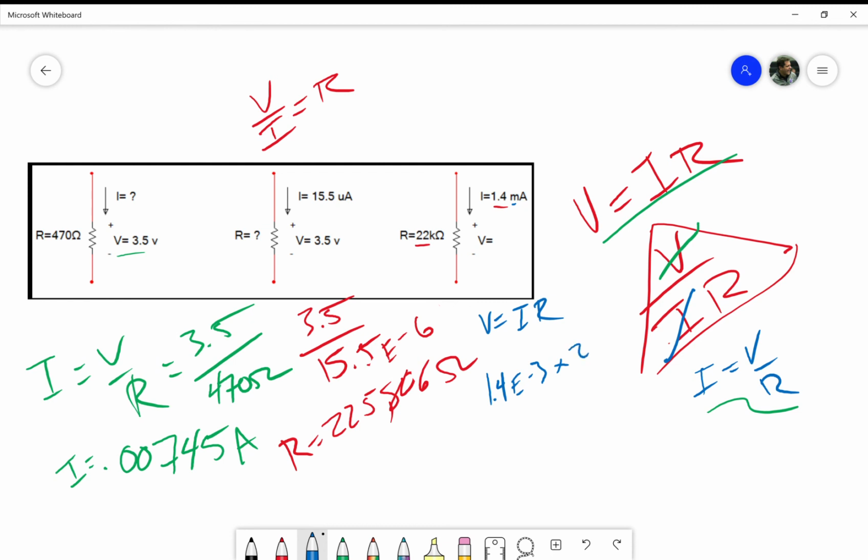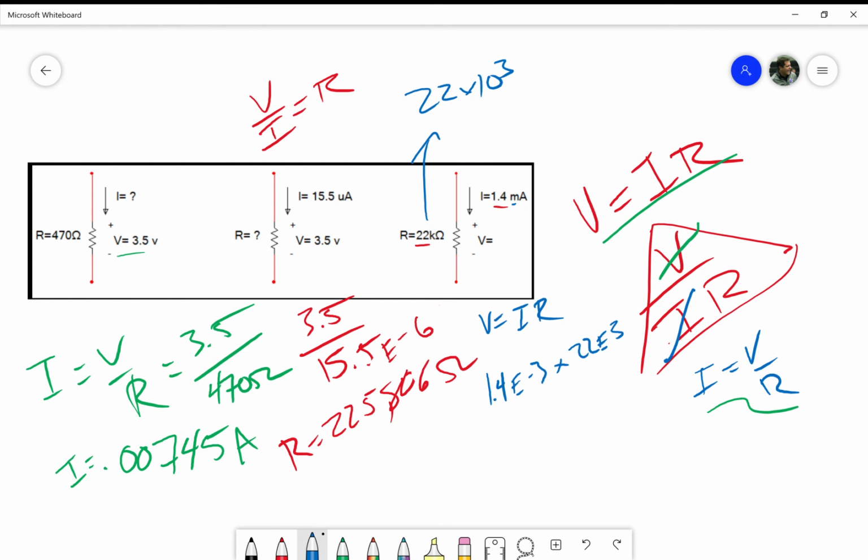So that'll be 22 E3, which again stands for times 10 to the 3. I could have written that as 22 times 10 to the third, which is the same thing as 22 kilo ohms.